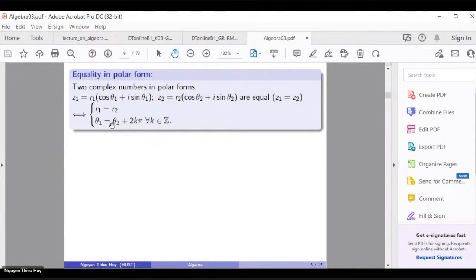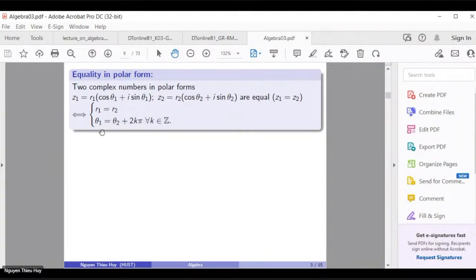But the argument, if we consider it on the whole line R, might be different by 2k pi. Because we know that cos is a periodic function with period 2 pi. This means cos of theta 2 and cos of theta 2 plus 2k pi are the same. And similarly for sine: sine of theta 2 and sine of theta 2 plus 2k pi are the same.